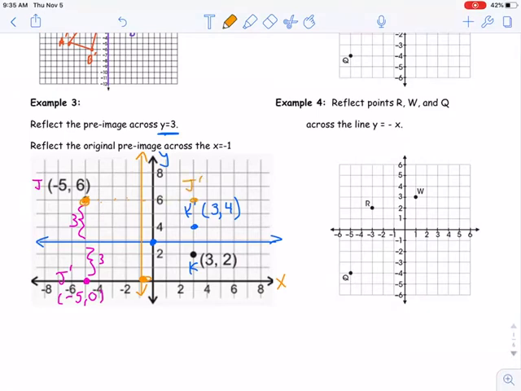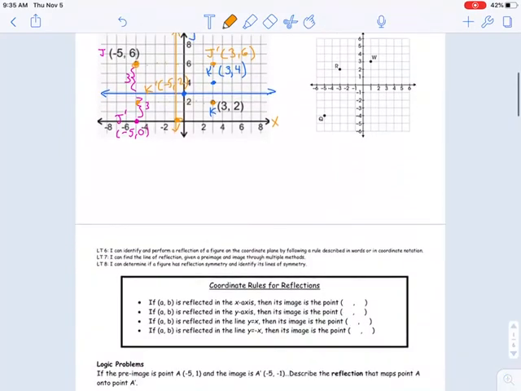Boom. J prime goes right there, and now it's at 3, 6. Similarly, K is at -5, 2. 1, 2, 3, 4. Boom. K prime is now at 3, 2. In my opinion, reflecting over a horizontal line is very easy.